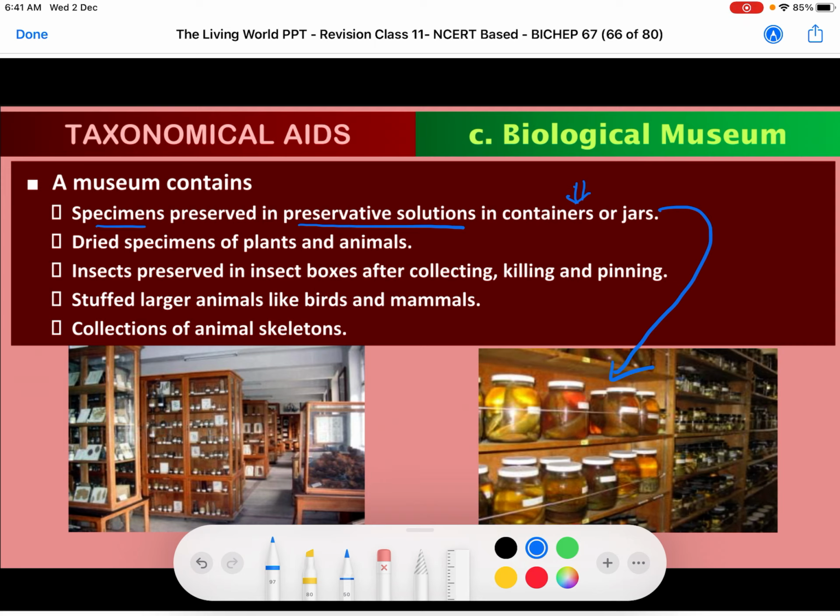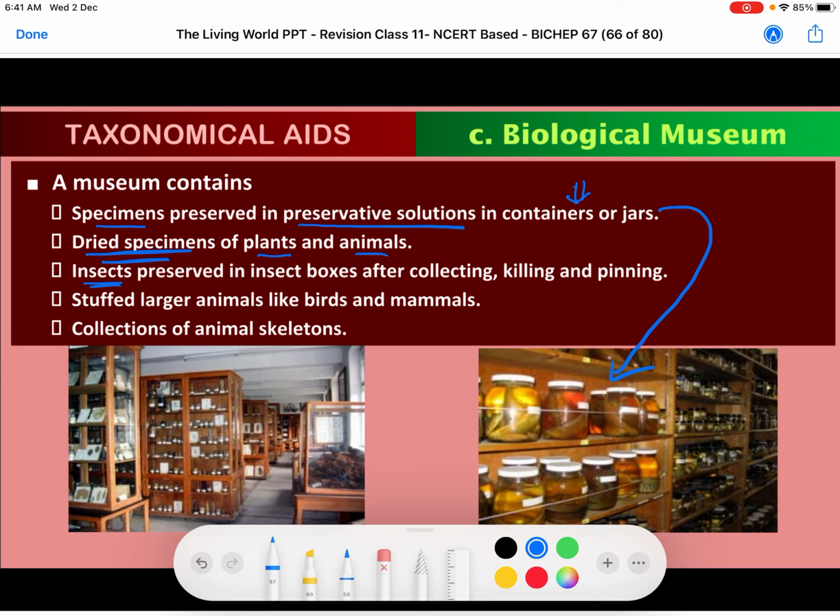We can even store specimens in dry states, right? Some specimens are dried and stored. Varieties of plants and animals are stored like that.